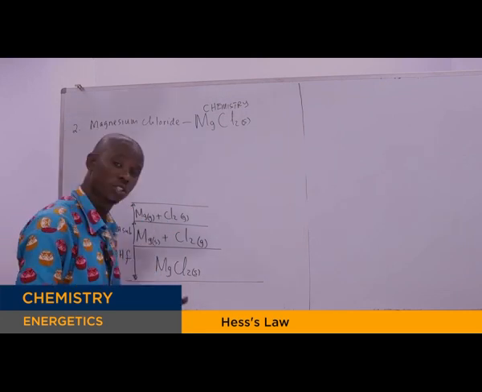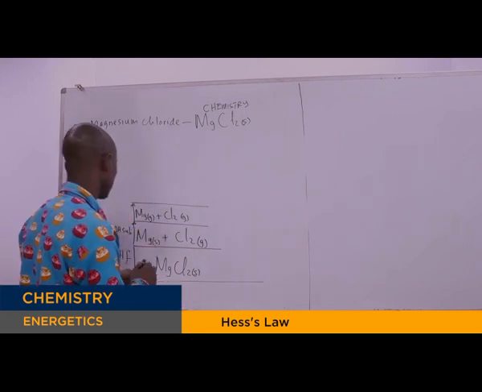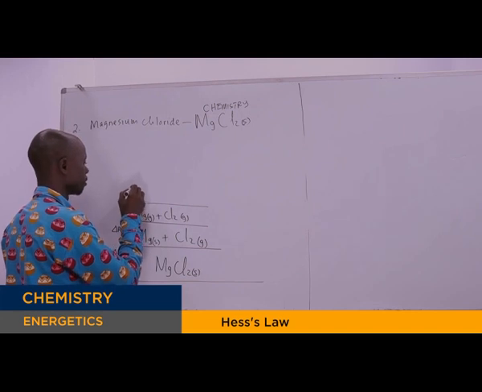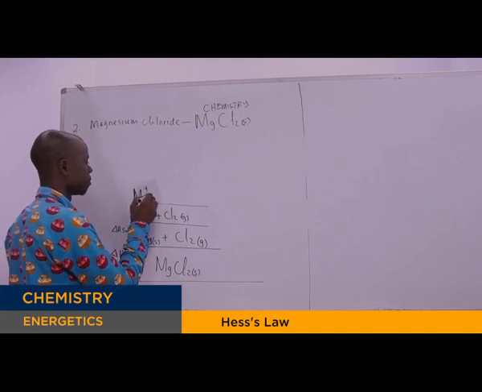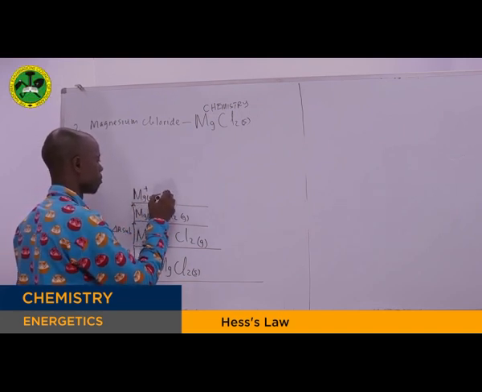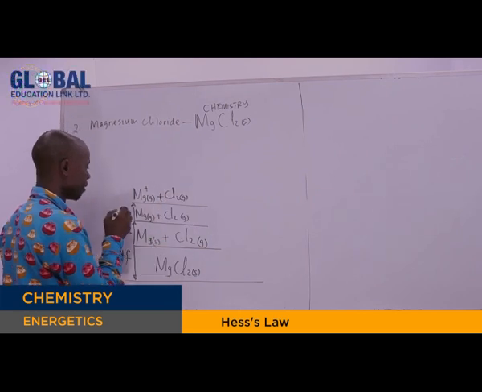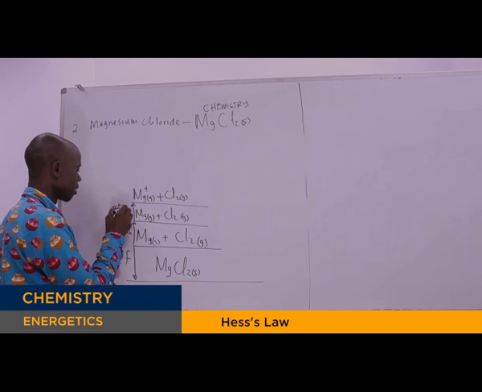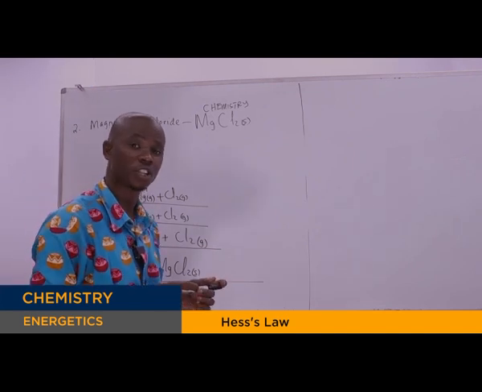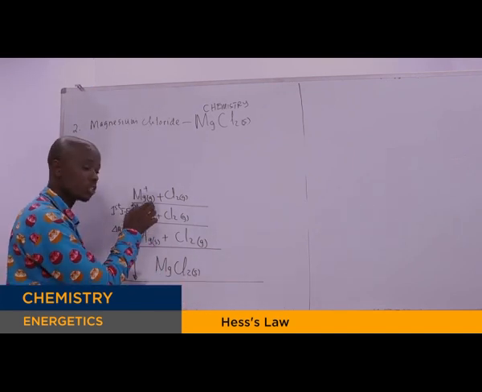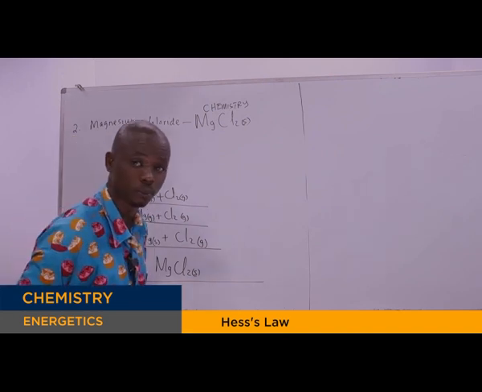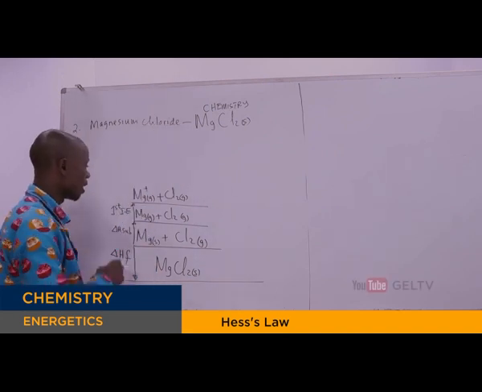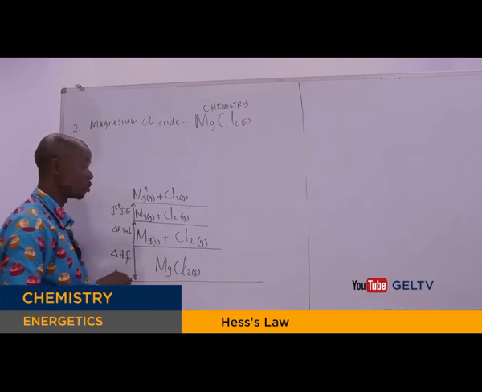Now, losing 2 electrons is stepwise. So the first one is the first ionization energy. That means 1 electron is lost from 1 mole of gaseous atoms of magnesium. From there, the second electron is also lost.